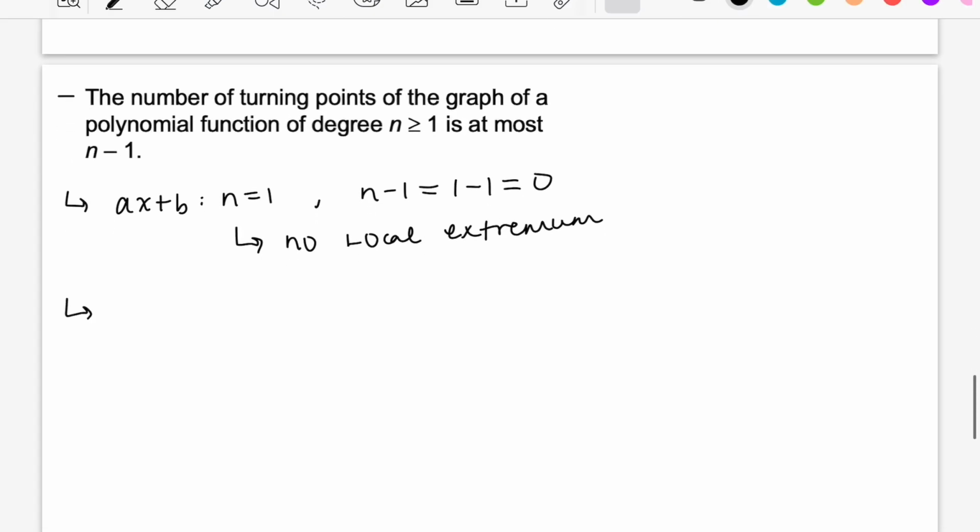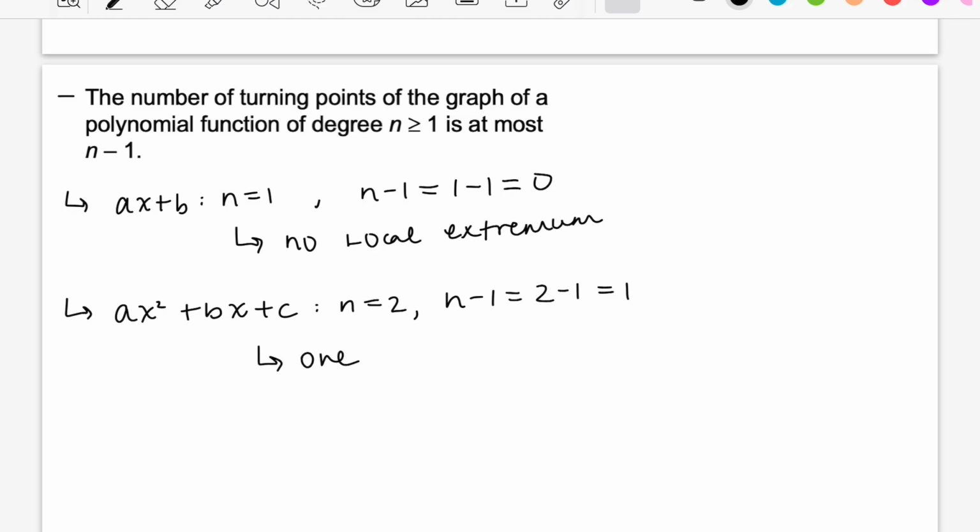Let's look at another example. If we had this polynomial function, in this case, the degree of this polynomial is 2. So n minus 1 would be 2 minus 1, which would be 1. So in this case, we would have at most one extreme point.